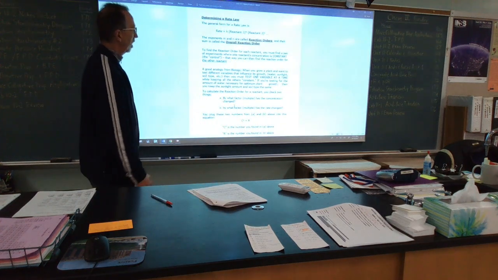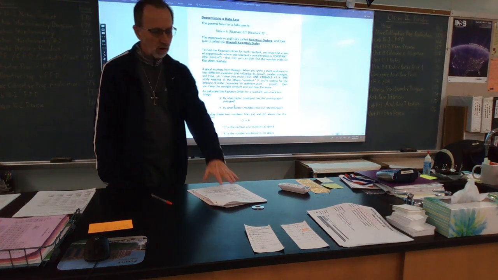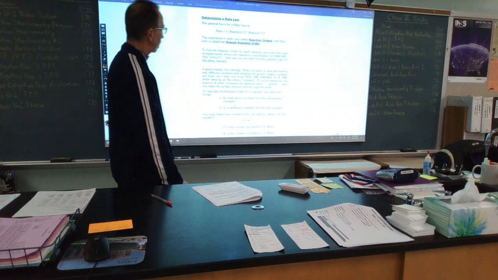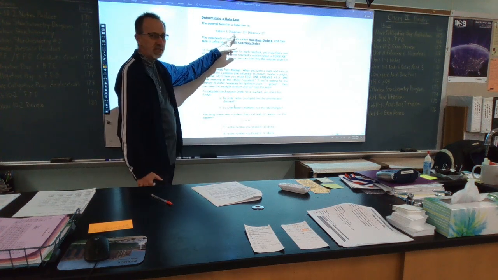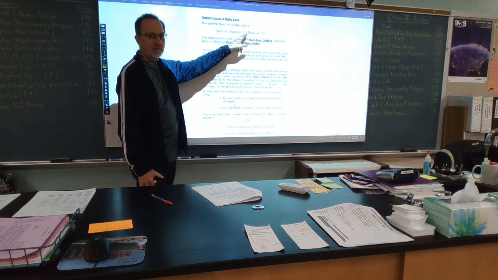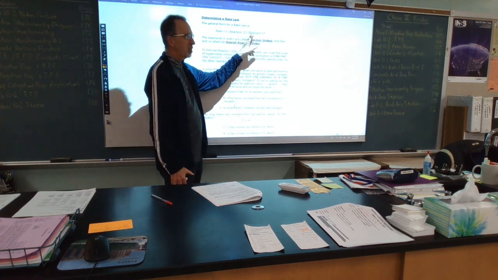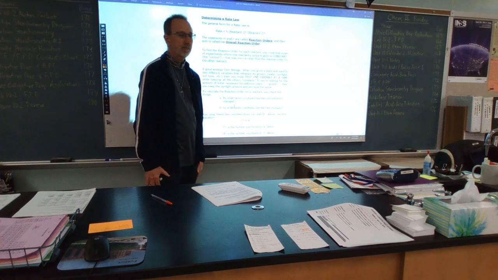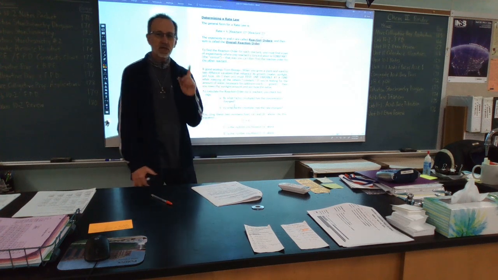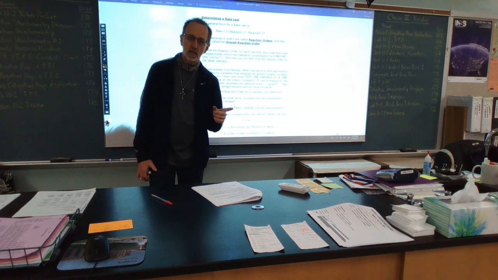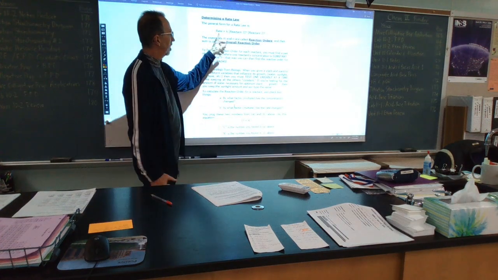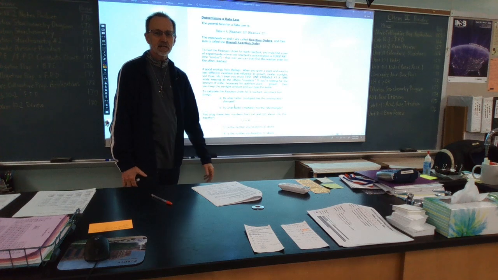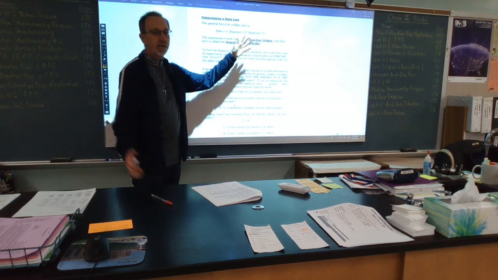So, determining a rate law. The general form for a rate law looks like this. Rate equals k times the concentration of reactant 1 raised to some power times the concentration of reactant 2 raised to some power, etc. If there's only one reactant in the reaction, such as a decomposition reaction, then the rate law only has one reactant. It could have 2, it could have more.